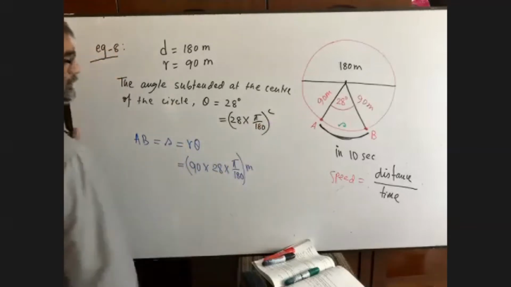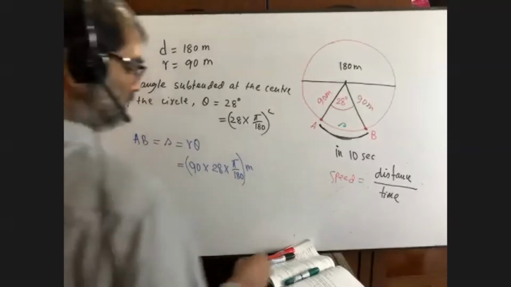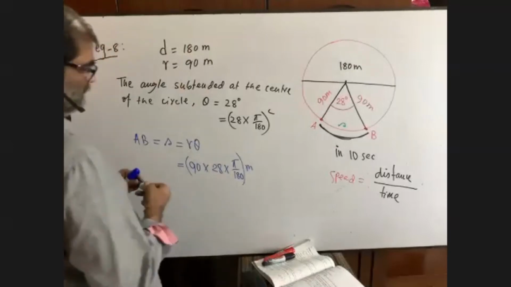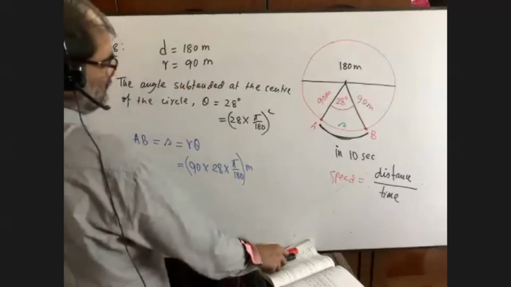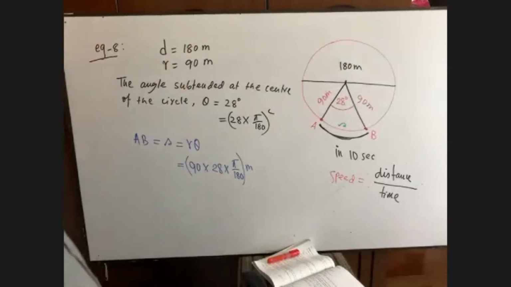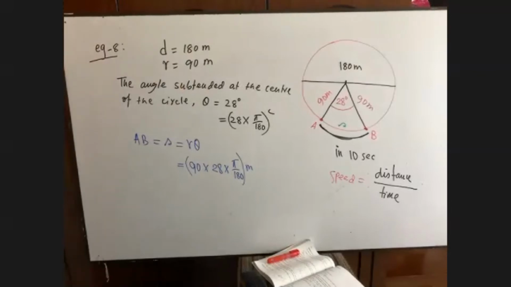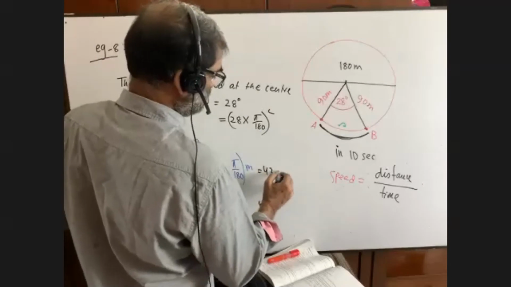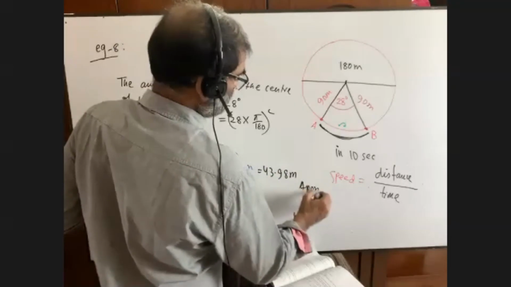Please calculate it without any hesitation. So 43.98, right? 43.98 meter approximately, as you have used pi.